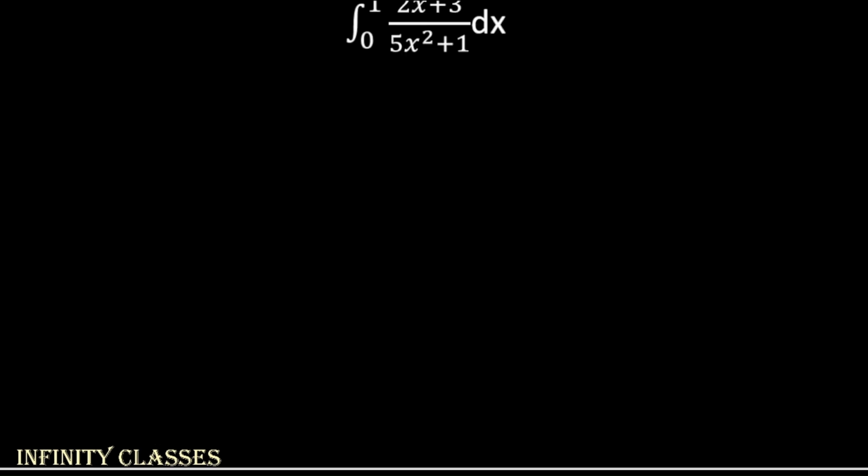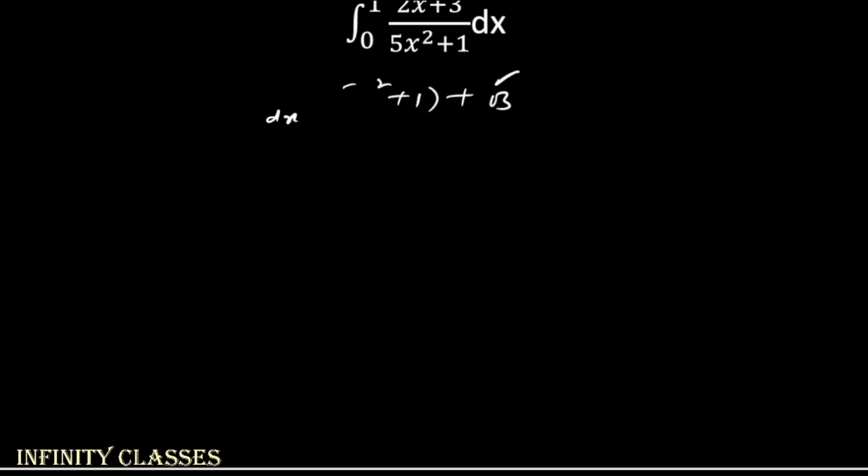In this question we have one method, which is to write 2x plus 3 as a times the derivative of the denominator 5x square plus 1, plus b, and find a and b. Okay, but I will use another method in this so that we can do it more easily or quickly.